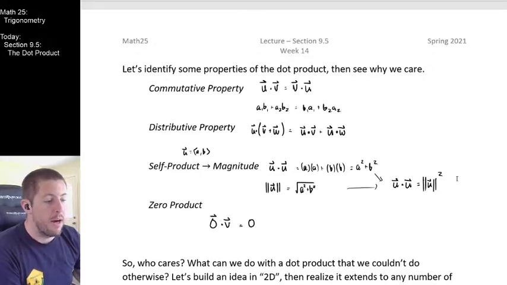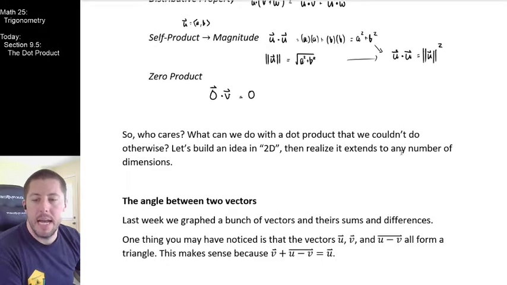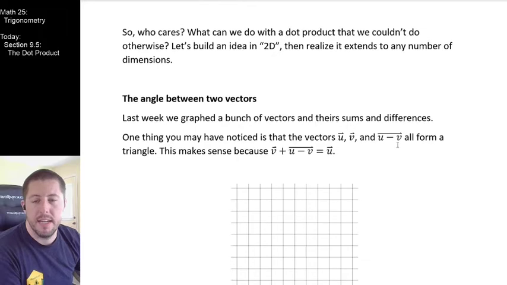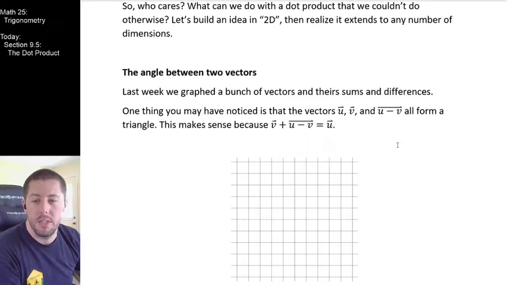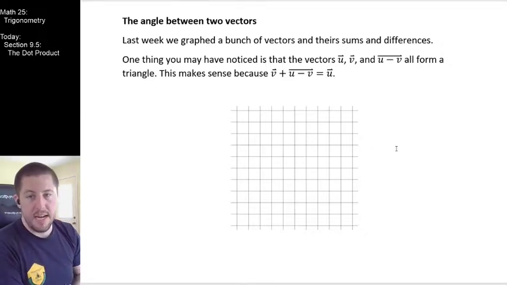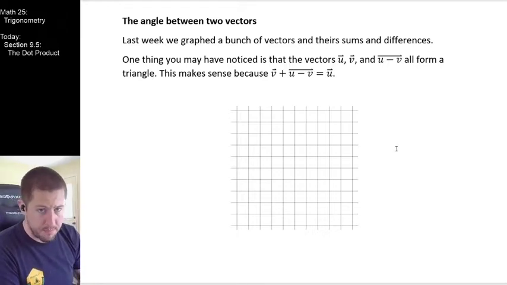So who cares? What can we do with a dot product that we couldn't do otherwise? We're going to build an idea right now in 2 dimensions, and then extend it to more dimensions, to get us to a place where the trig alone couldn't have handled it and where we needed vectors to help us out. Our big computation idea today is the angle between any 2 vectors.